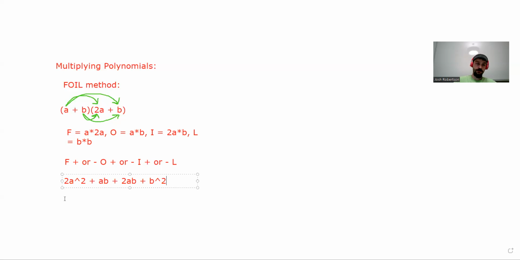And then you got some terms to combine here. So you got 2a squared, 1 plus 2 gives you 3ab plus b squared, right? And does this make sense, guys, when you have this? Okay, I'm sure it does make sense.